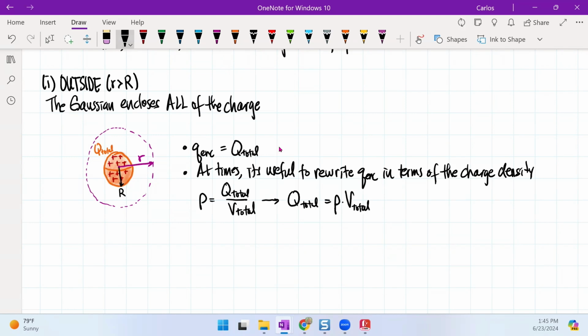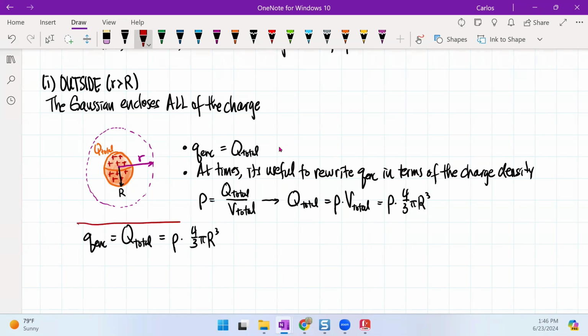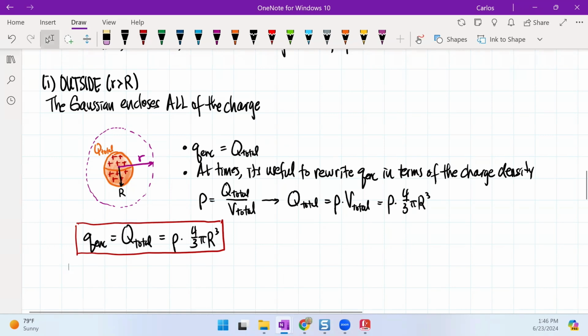But in this case, since we're talking about a sphere, it's going to be rho times 4/3 pi r cubed. So I can either write the enclosed charge as just Q total, but like I said, sometimes it's useful to have it in terms of the charge density. So that's my enclosed charge for outside. This is true whether I'm a conductor or an insulator. Where it gets interesting is when you go inside.